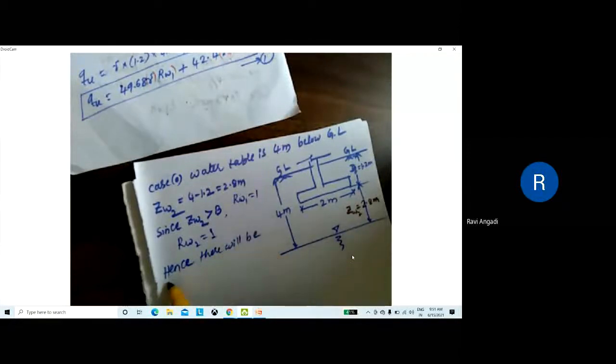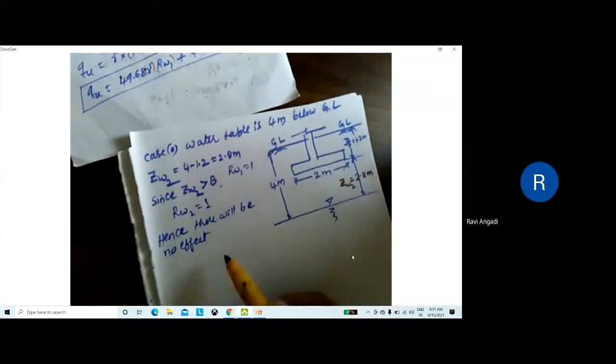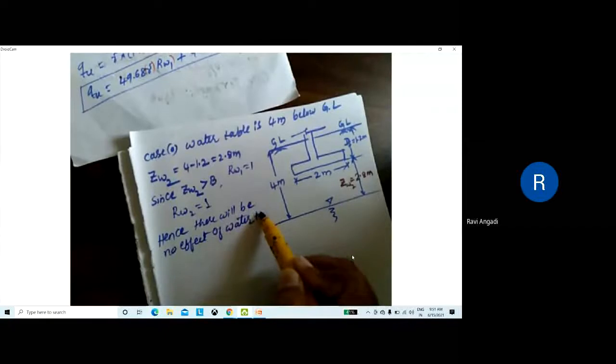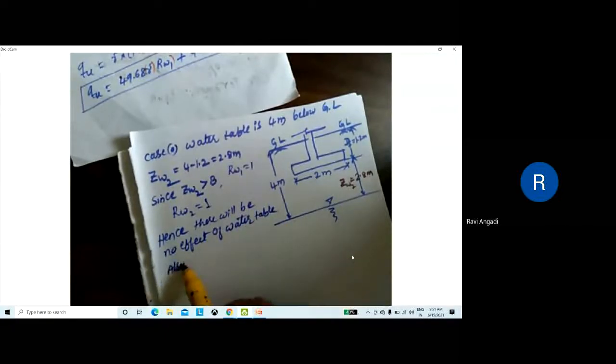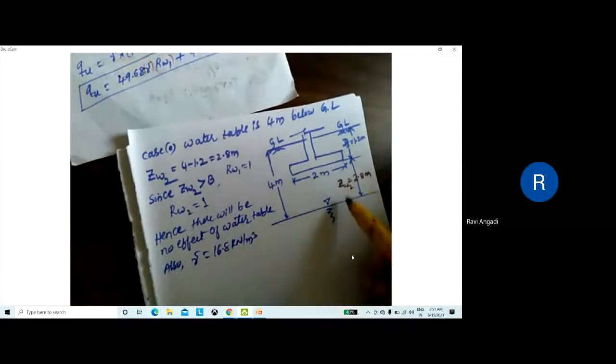There will be no effect of water table. Also, gamma is to be taken as it is, that is 16.8 kilonewton per meter cube, since the water table is lying away from the footing at a distance of 2.8 meters, greater than B, and it won't affect the bearing capacity.